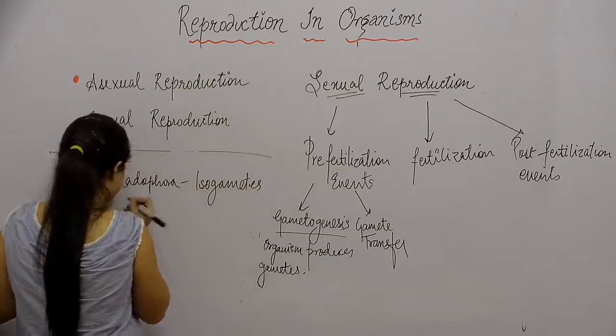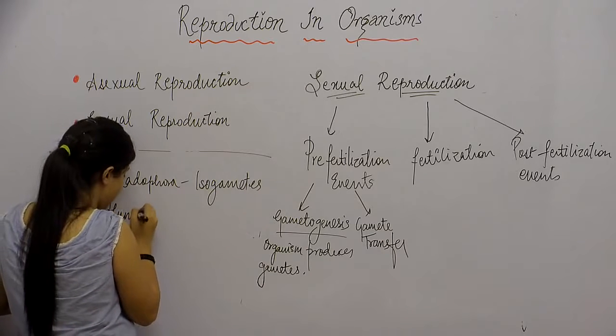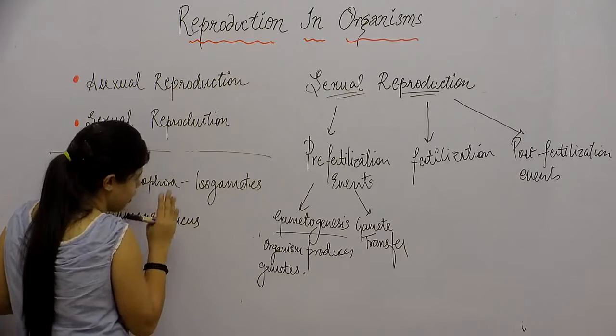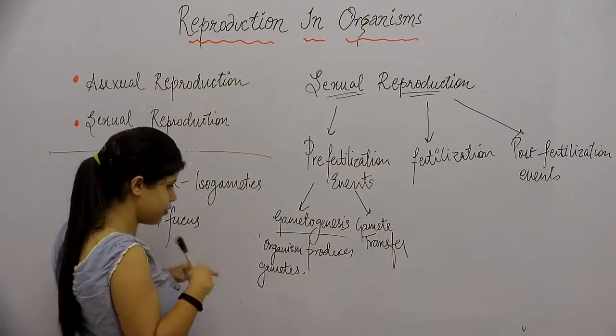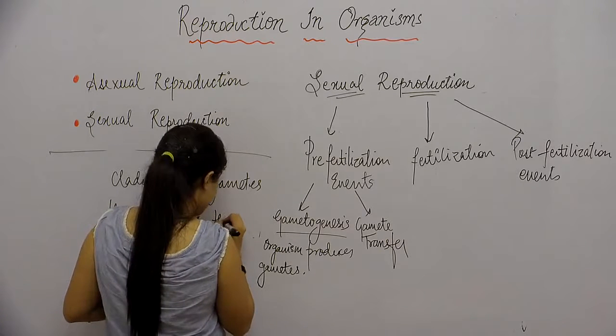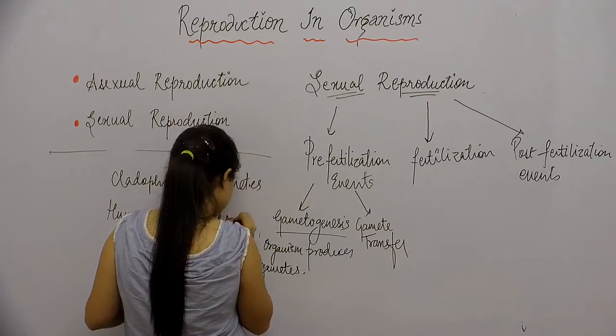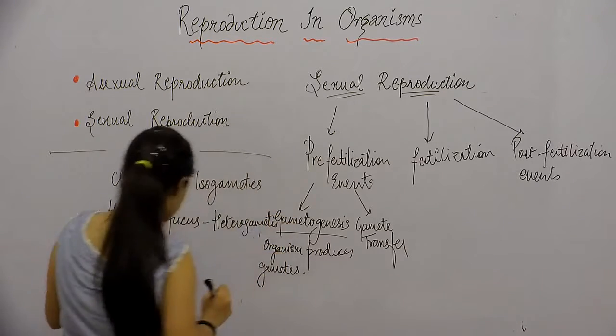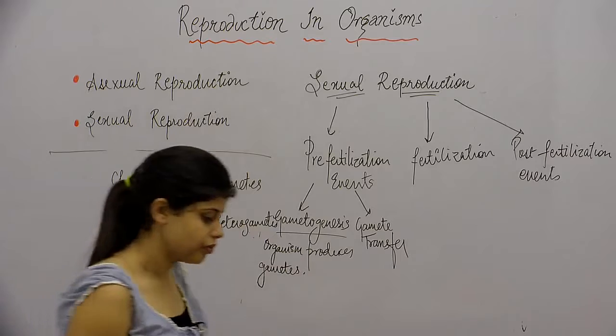And you can take the example of humans or Fucus, in which gametes are totally different. They look totally different from each other. One is big and one is small. And these are known as heterogametes. Well, these questions can be asked for 1 mark. Please write this down.